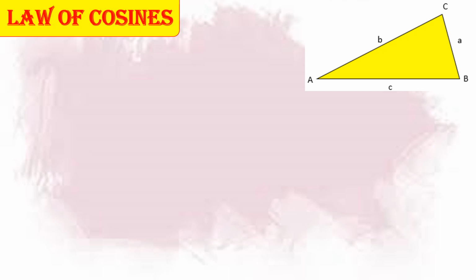For example, we have here the angle A, so its opposite side would be the small letter a. Same with the angle B, ang kanyang opposite side would be the small letter b. And for the angle C, its opposite side would be the small letter c.